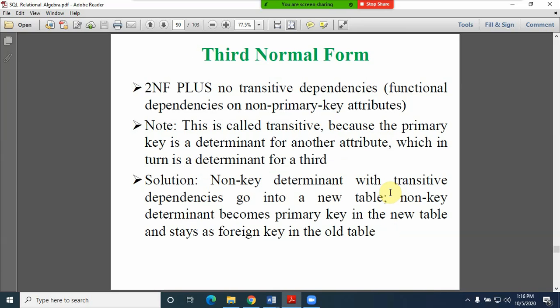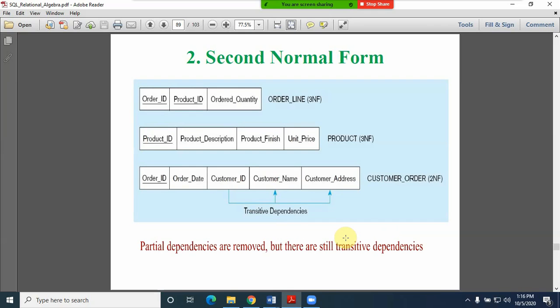Okay, so if you consider the actual solution, friends, now you can read it. The non-key determinant with the transitive dependencies goes into a new table. Here, in this table we had customer ID, customer name, customer address in a transitive dependency format.